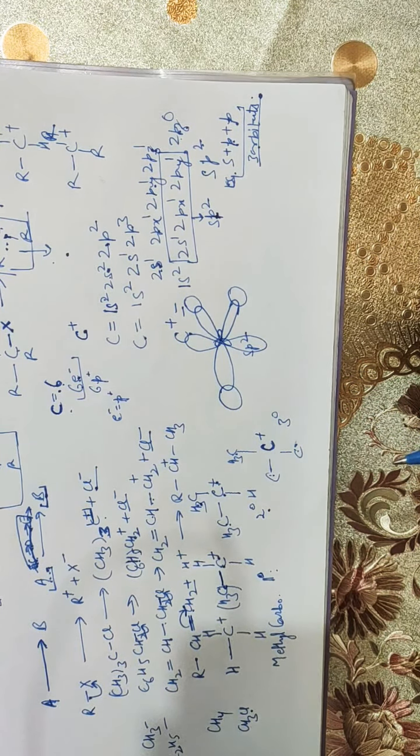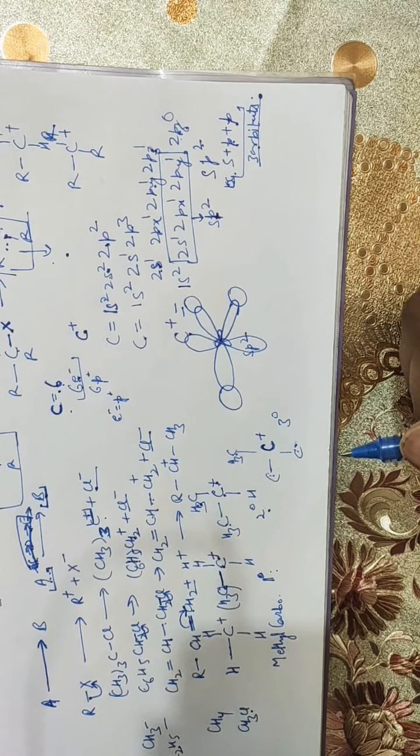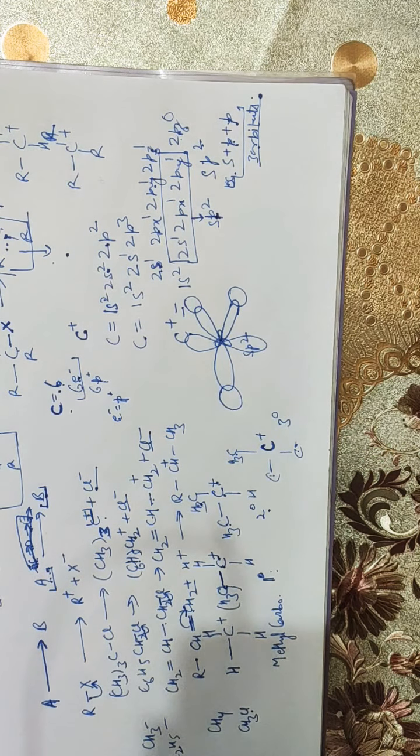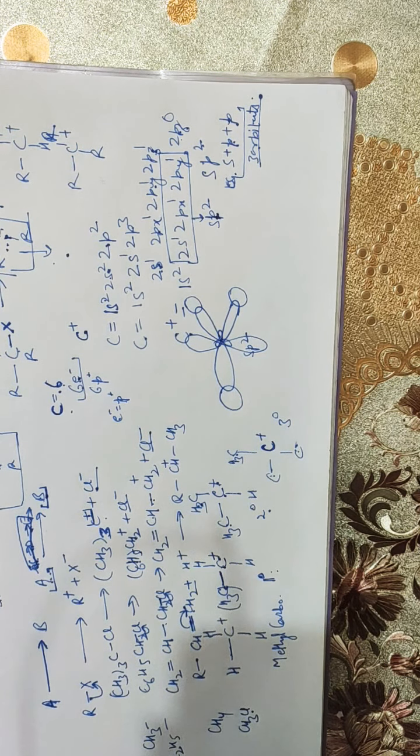So this is the carbocation. Next is the stability of carbocation. The stability of carbocation can be explained with the help of inductive effect, hyperconjugation and resonance, and the last factor, which I forgot to tell you, is if it is attached directly to an aromatic ring.